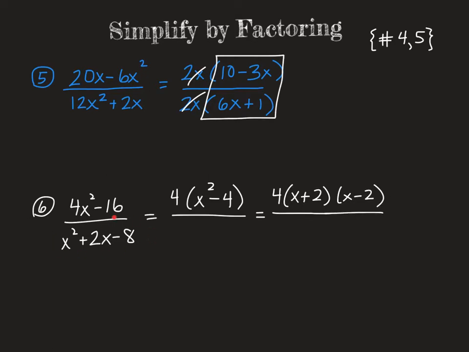In the denominator, this is a quadratic trinomial. There's no GCF here other than 1, so we can't take anything out. But the two numbers that multiply to -8 that add to 2 are going to be plus 4 and minus 2. So x plus 4 and x minus 2. And then we see that the x minus 2 factors end up canceling. So our final answer will look just like this.